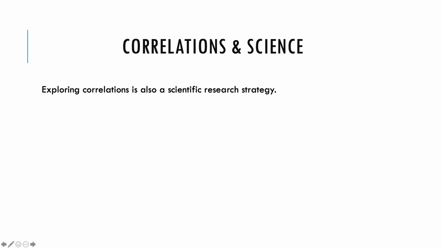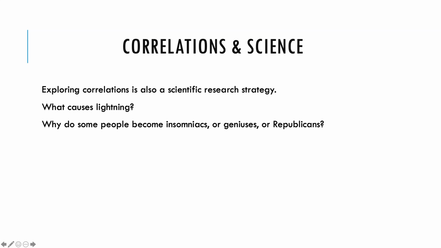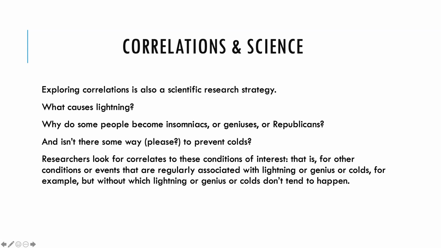Exploring correlations is also a scientific research strategy. What causes lightning? Why do some people become insomniacs, or geniuses, or Republicans? And isn't there some way, please, to prevent colds? I think especially this year we're interested in that.